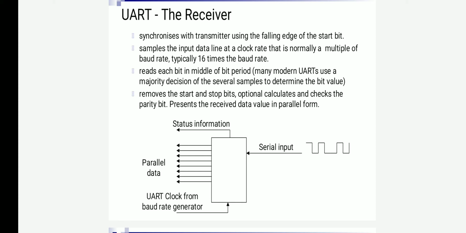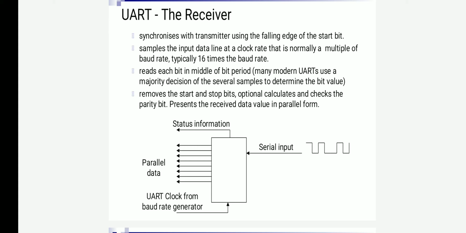One is from the rising edge of the clock, and one is with the falling edge of the clock. So it synchronizes with the transmitter using the falling edge of the start bit. The UART receiver samples the input data line at a clock rate that is normally a multiple of the baud rate. Typically, it is 16 times the baud rate.